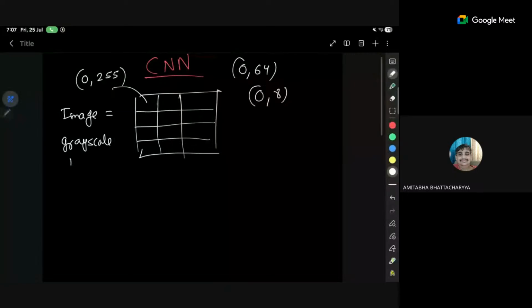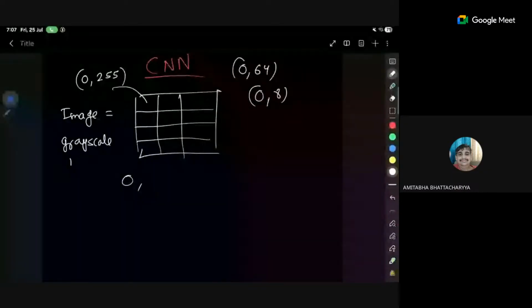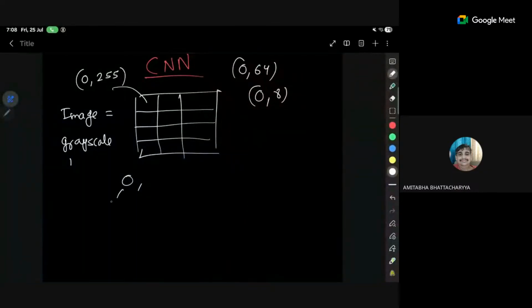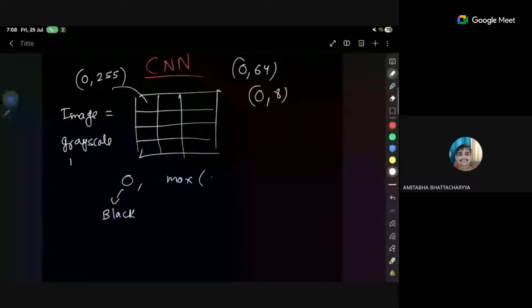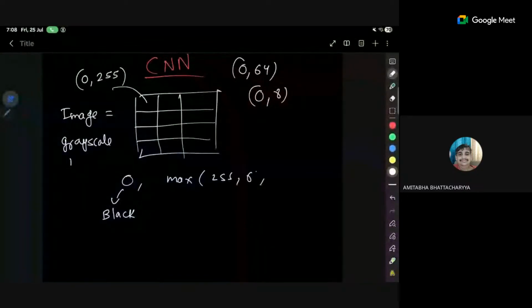0 means there is no color, which is represented as dark, like black. The max, whether it is 255, 64, or 128, you can choose that, and it is represented as white.